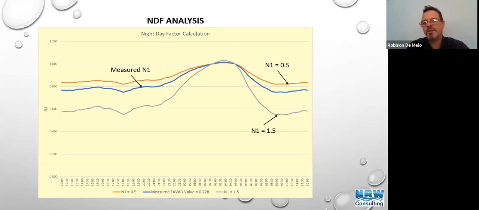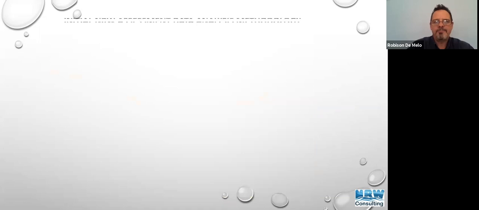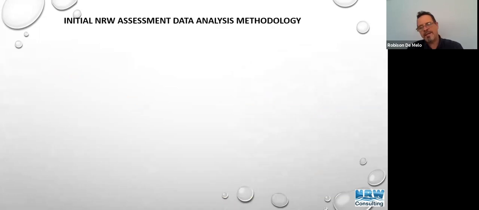And if it was an N1 of 1.5, we would have a lower, different profile. From that, we can start our initial NRW assessment data analysis.